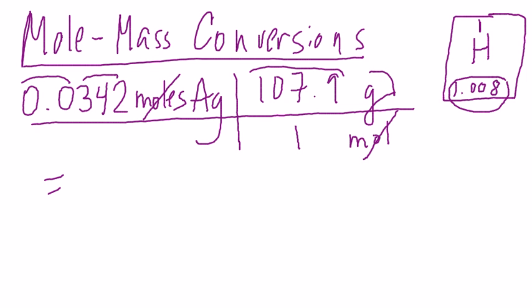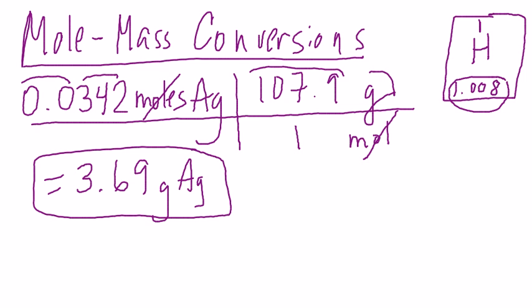The 0 in between non-zeros is considered significant. So we're going to round our answer down to 3 significant figures. When you multiply this out on your calculator, you should get 3.69 grams of silver to 3 significant figures.